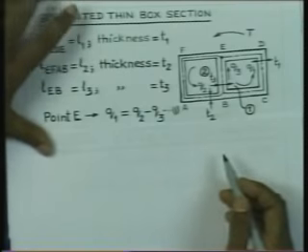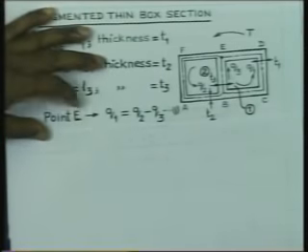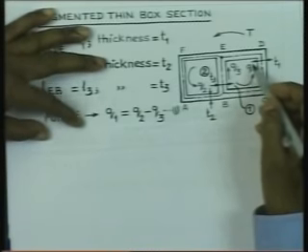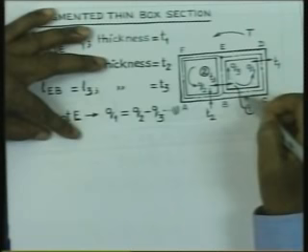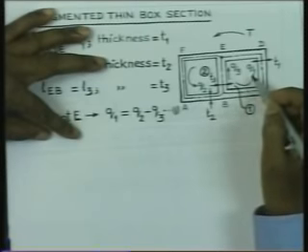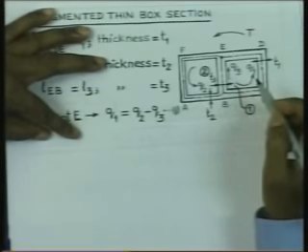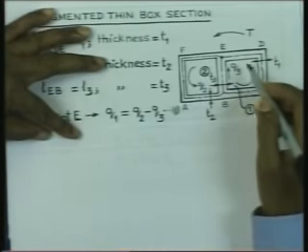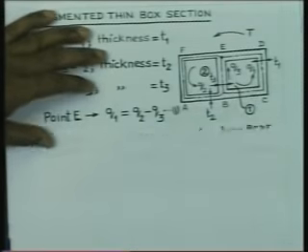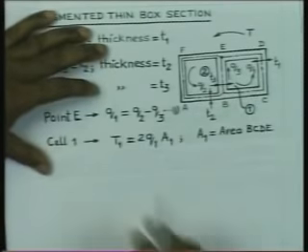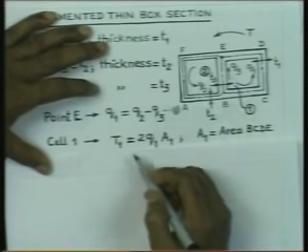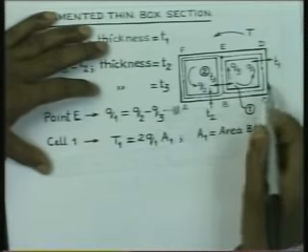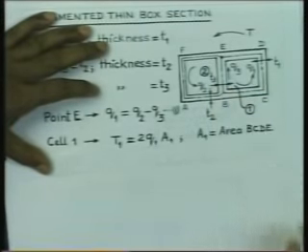For this cell 1, we can consider the Bredt-Batho formula, wherein we can write that the torque taken by this flow Q1 is nothing but twice Q1 into the area enclosed by this cell, A1. So, for cell 1, let us say that the torque T1 taken up is nothing but 2 times Q1 into A1, where A1 is the area of BCDEB.